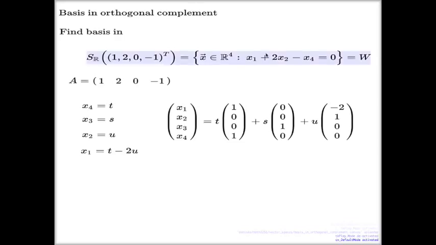Every solution to this equation, aka every element of this subspace W or this subspace, admits a representation of this type. Isn't it? We just proved this. If you use my new language here on the right hand side, what are we looking at?